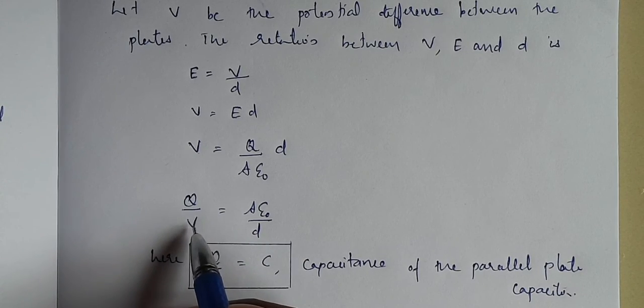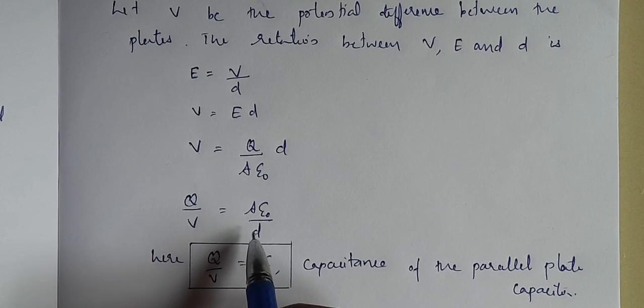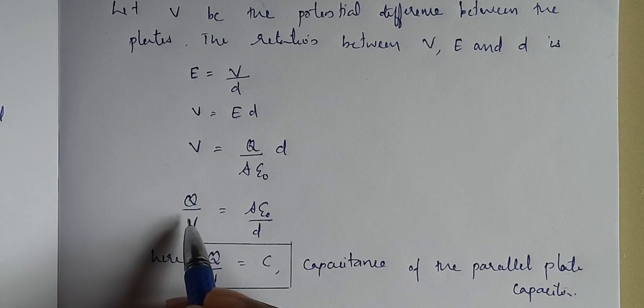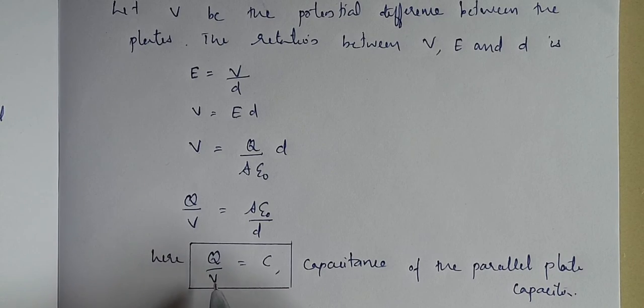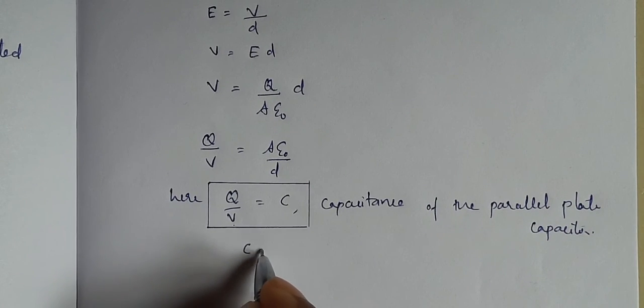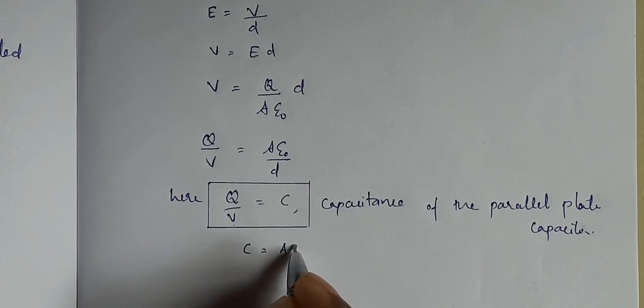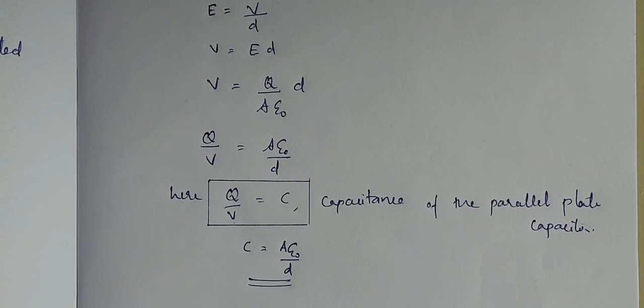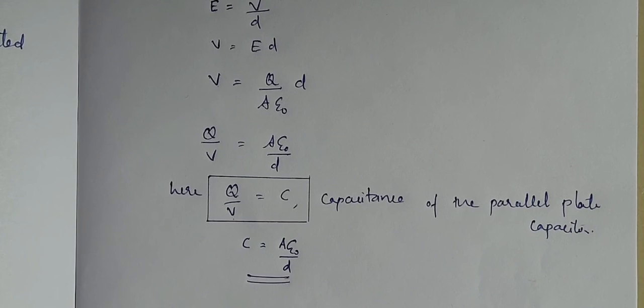So we get Q by V is equal to A epsilon naught by D. But Q by V is the capacitance, as per the definition of capacitance C. So now we get the equation C is equal to A epsilon naught by D. This is the equation for the capacitance of a parallel plate capacitor.